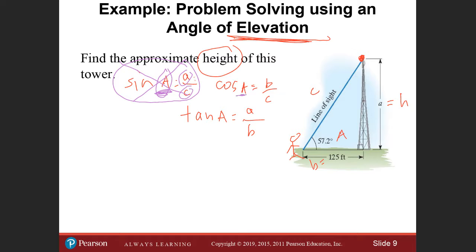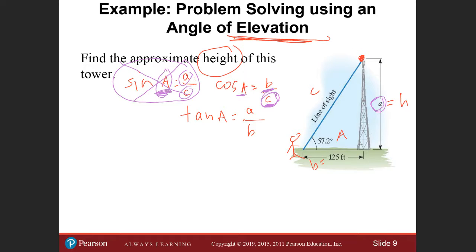Your angle A is given, your B is given, and C is missing. We do not know C. So we can find our C here. That's an alternate solution for us, but we still have to find our A. Our A is the missing one, not the C. So we can use that, but it's going to be a long solution. It will give us the same result.